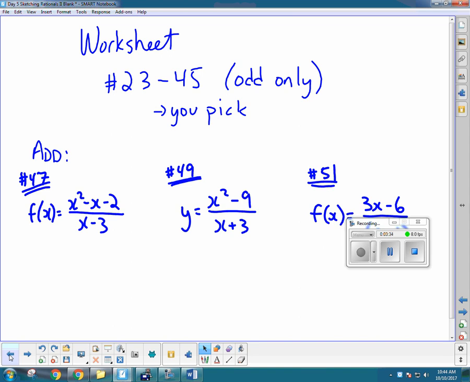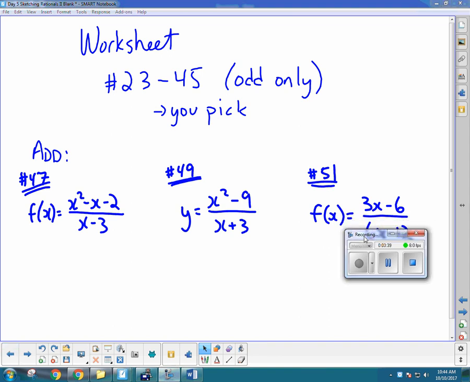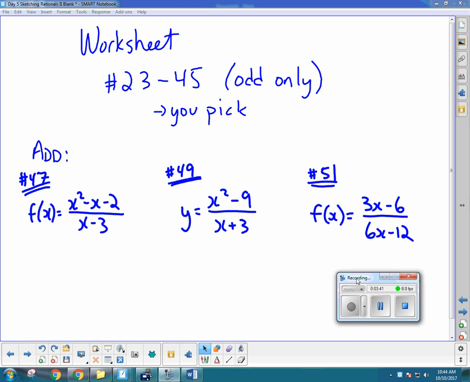I don't have answers for the even ones. And I've added a couple at the bottom. So if you add example number 47, 49, and 51, these are all ones that have holes in them. The ones on the worksheet don't have any holes in them. So you should have the rest of the period to practice this, and we will have some other times in class to do some more practice as well.